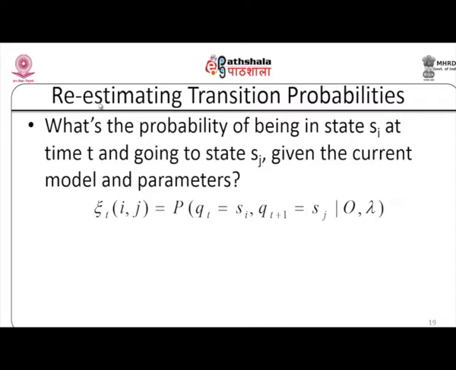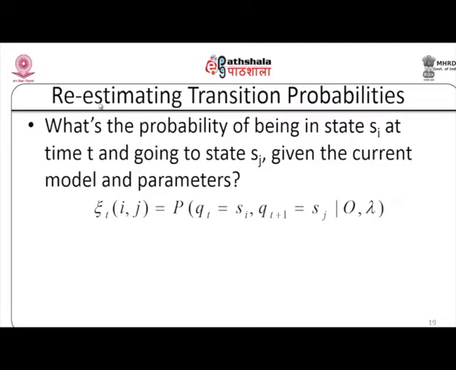So, what is the probability that the state q_t at time t is S_i and the state q_{t+1} at time t+1 is S_j, given the observation sequence and the model parameters?